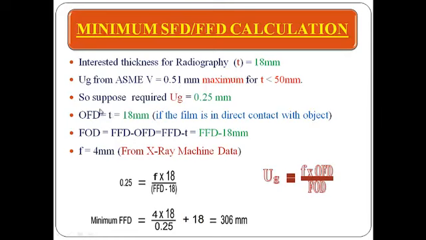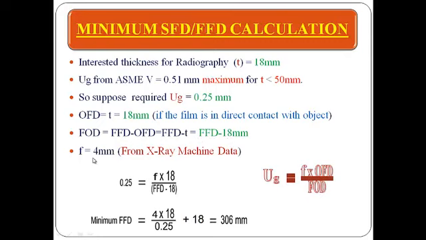So let's suppose required UG or selected UG is equal to 0.25 mm and OFD is equal to the thickness of the weld, 18 mm, if the film is in direct contact with the object. So FOD will be FFD minus OFD or FFD minus T, which is FFD minus 18 mm.